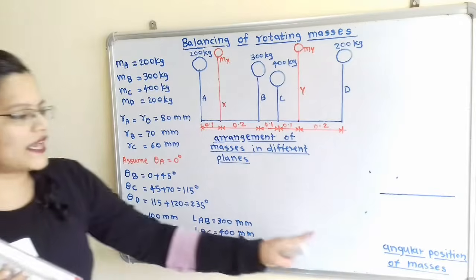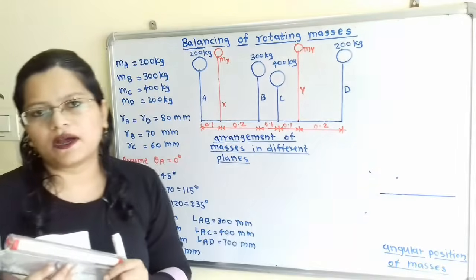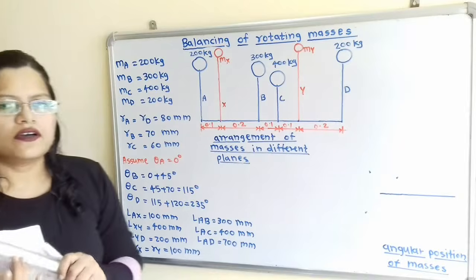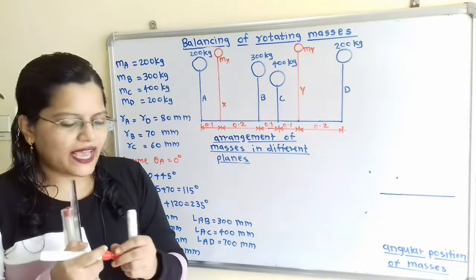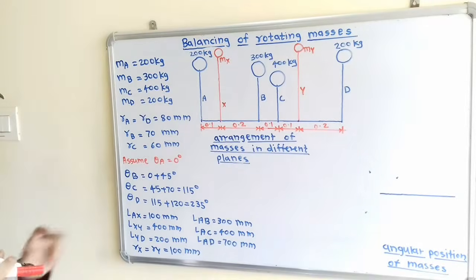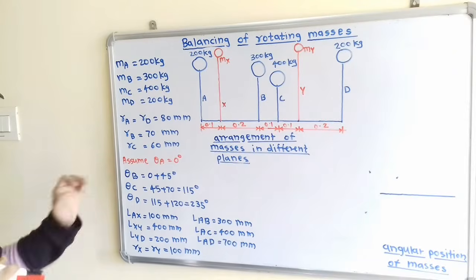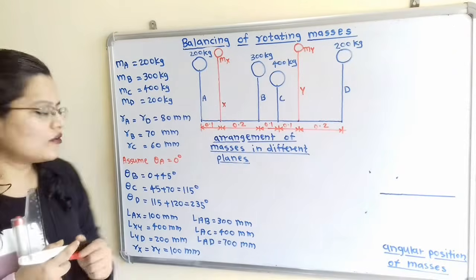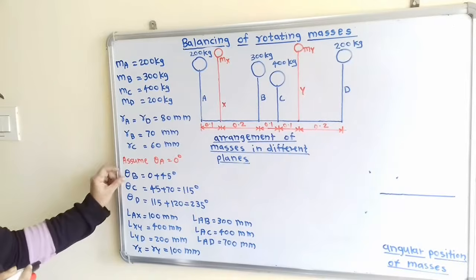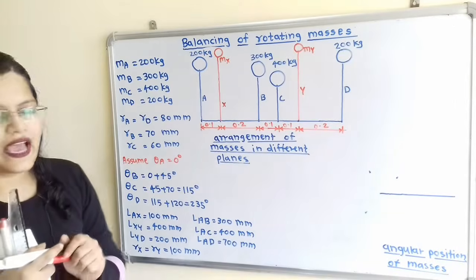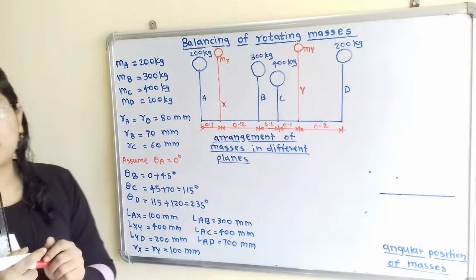Now we will move to the next, angular position of masses. Here, if we observe the question, the angles for the masses B, C and D are given. The angle for mass B is given with respect to A, and it is 45 degree.